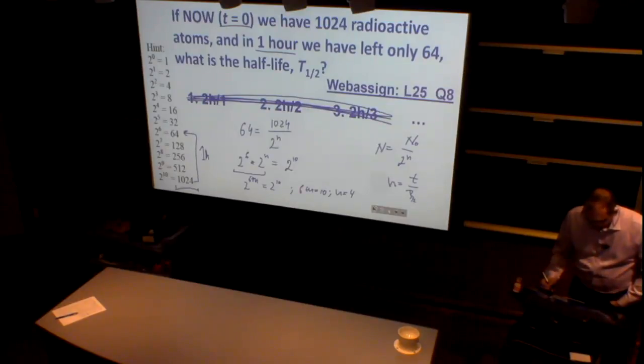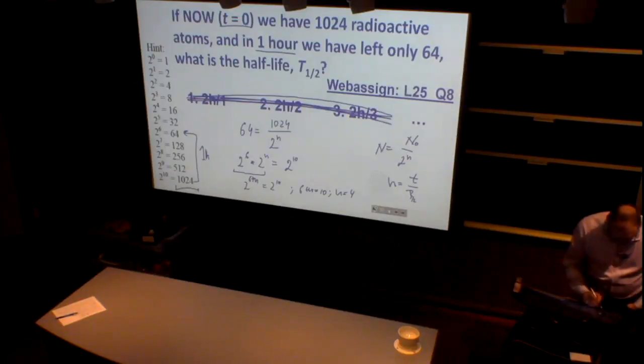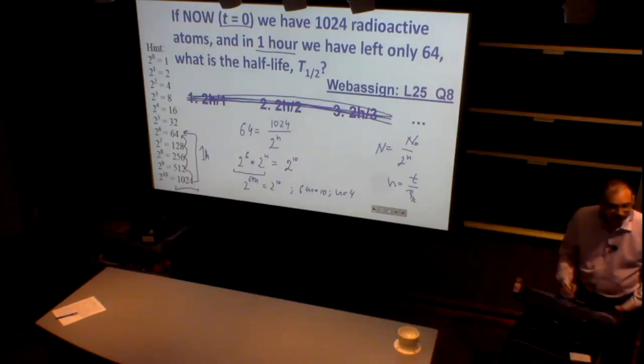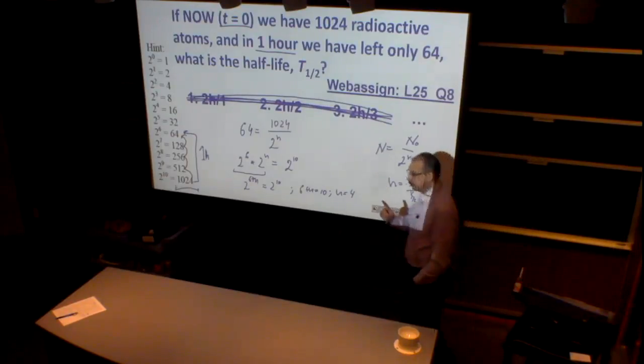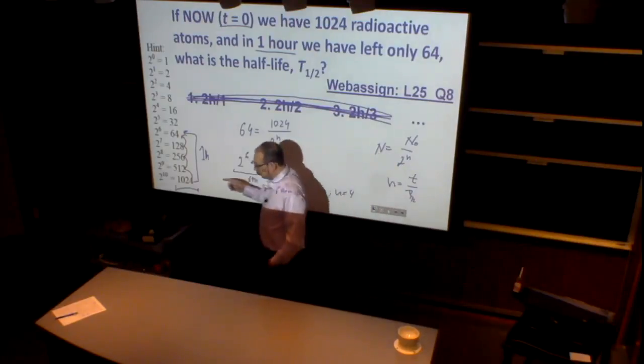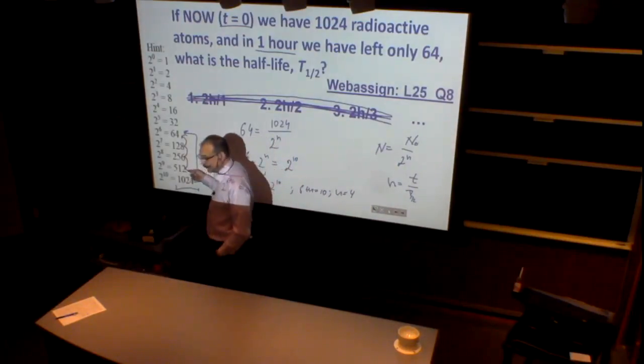And the same answer comes automatically from just counting. We have to wait 1 half-life to get from 1024 to a half of that. Then we have to wait 1 more half-life to get from 512 to a half of that.